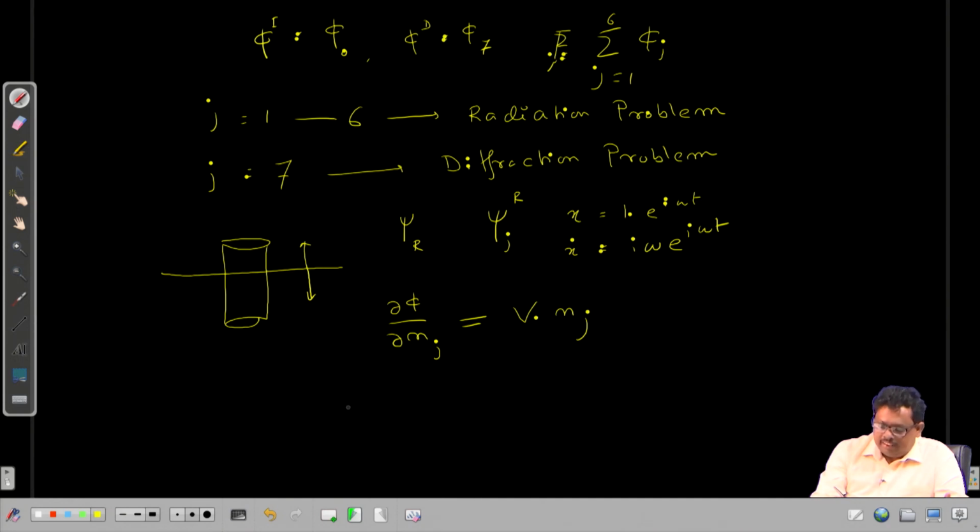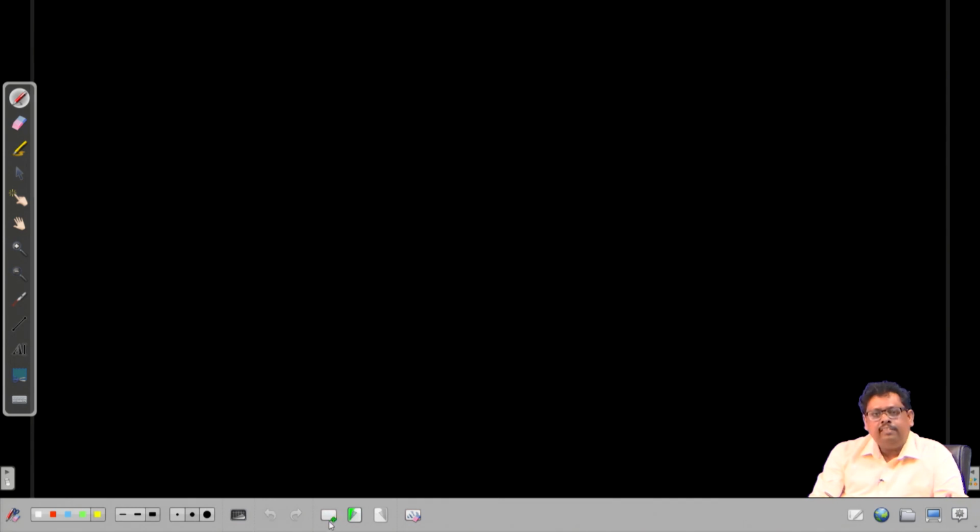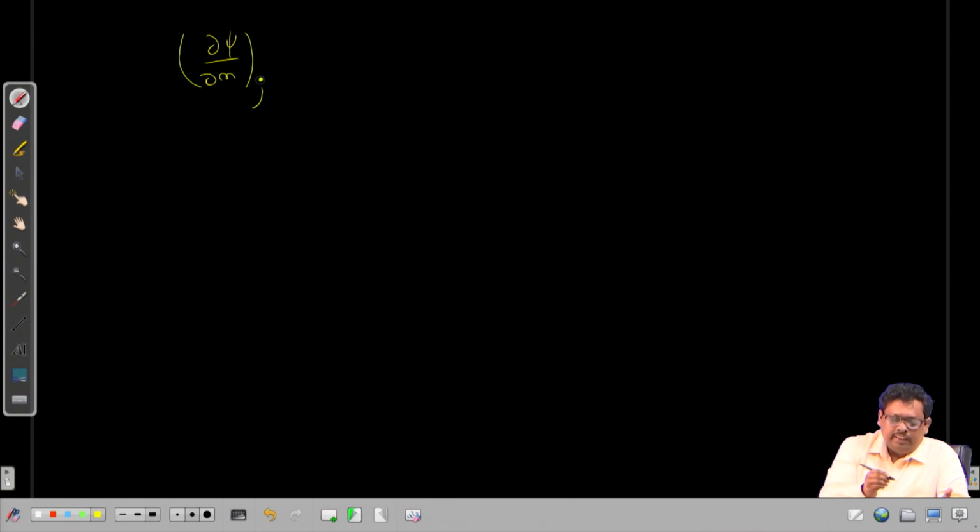Now, this del phi del n is nothing but grad phi dot n in the jth mode, which should be equal to v dot n in the jth mode. This is quite simple, right. So, the body boundary condition from the left hand side is del psi del n in the jth mode, and that should be equal to v n, which is v dot n.